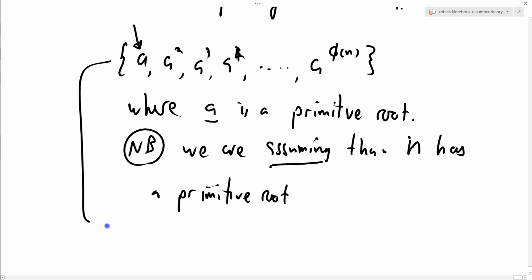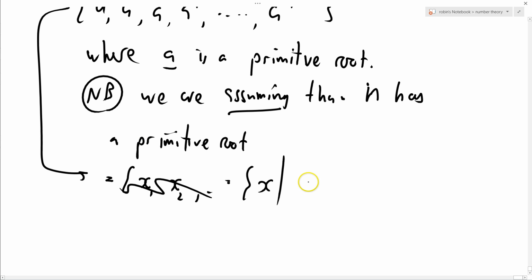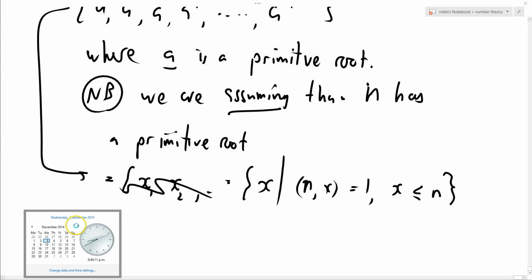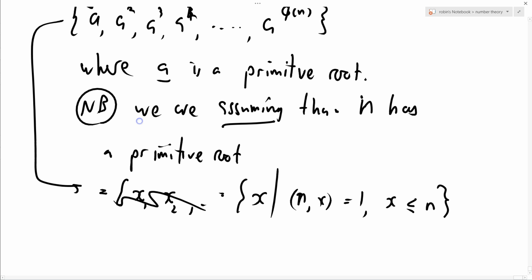So this set here is equal to the set of x such that gcd of n and x equals 1 and x is less than or equal to n. So the set of x which is less than or equal to n and relatively prime to n is the same set as this set here.